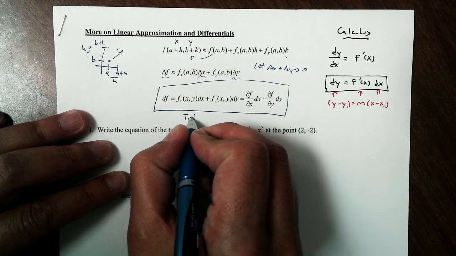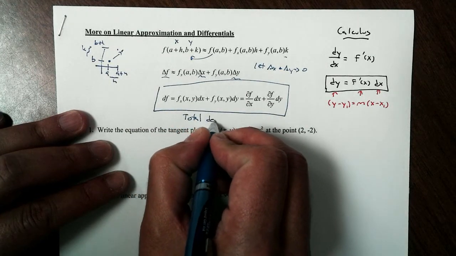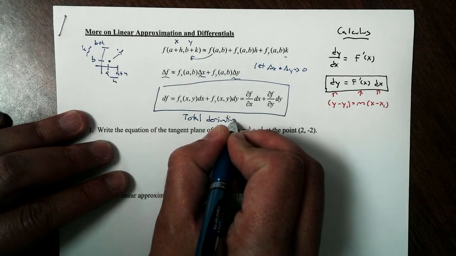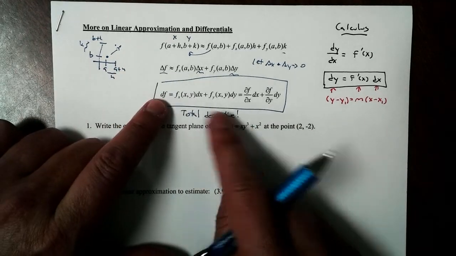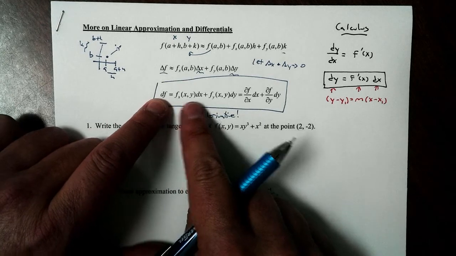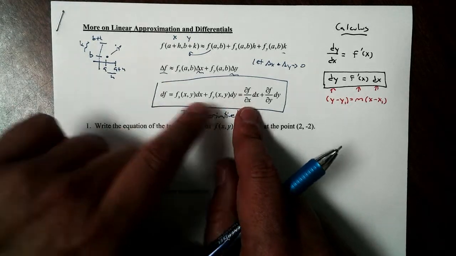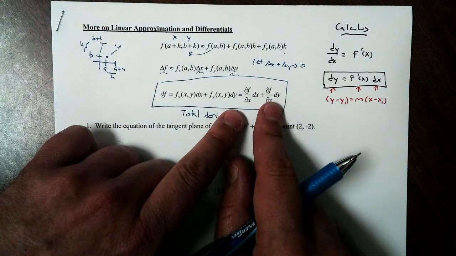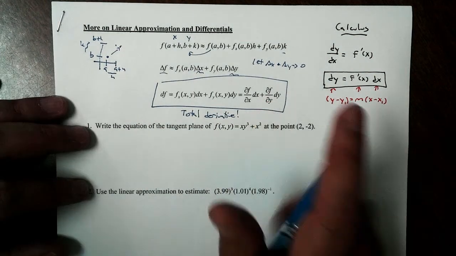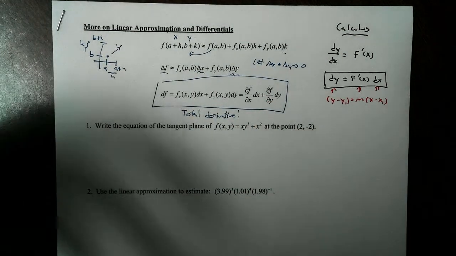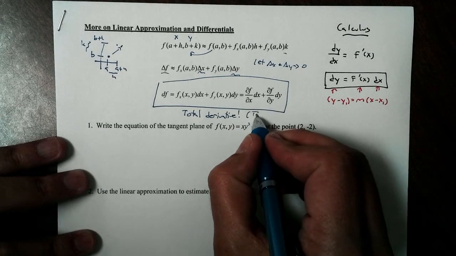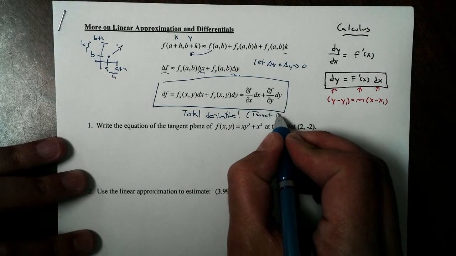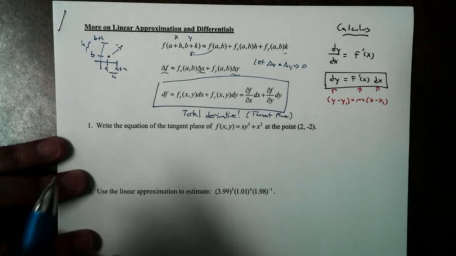This is what we call the total derivative. Now we've been doing partial derivatives, but notice now we're talking about a total derivative. It's my change in my function, but now it's not just my change with respect to x, it's with respect to y as well. And it's also a tangent plane. That's going to give us the equation of our tangent plane, which we've already done before, so that's not really anything new, just a different name.